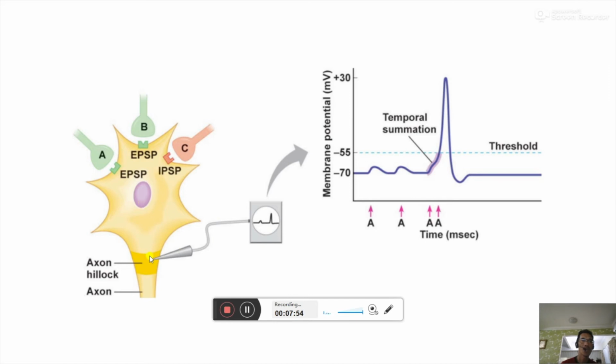When it becomes one, you can measure the reading on this meter, and you can produce it like this. The summation of these three will produce more than the threshold. When it is more than the threshold, it is called a spike, an action potential. So this is what it's all about.